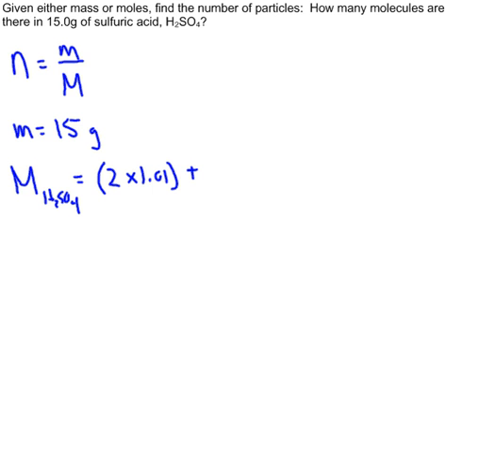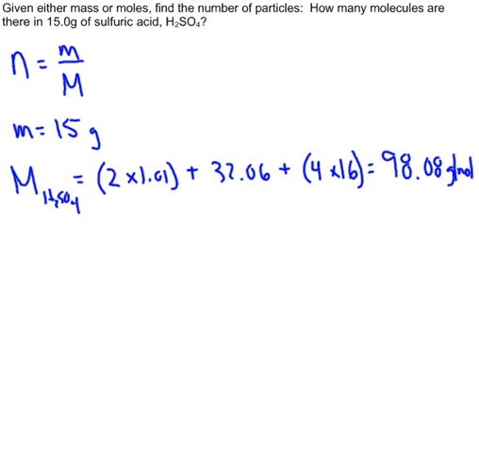If we look on the periodic table, we find that it's 32.06 grams per mole. And 4 oxygens. So we add that all up, we should get 98.08 grams per mole.